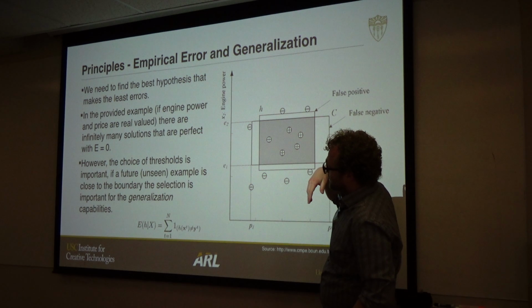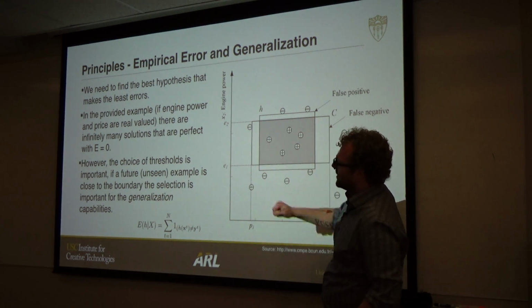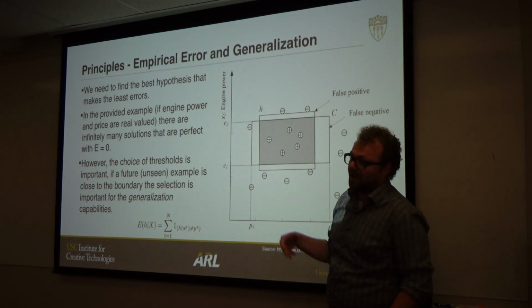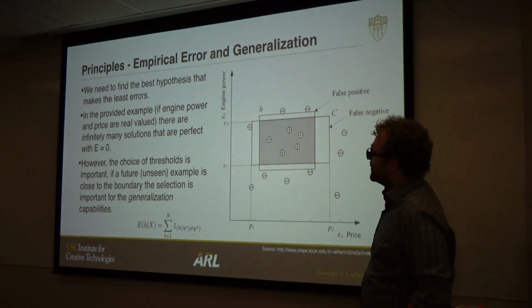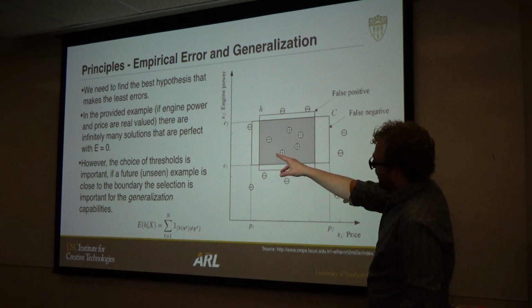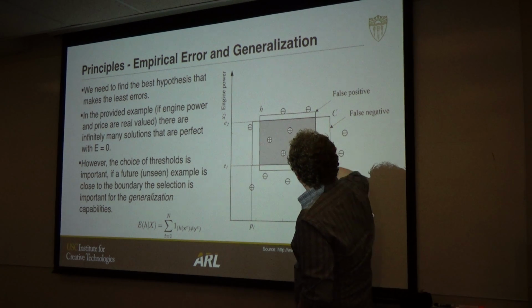And the choice of threshold is important, as we can see, as future examples may not follow what we see here. So with error 0, we can create this rectangle here.